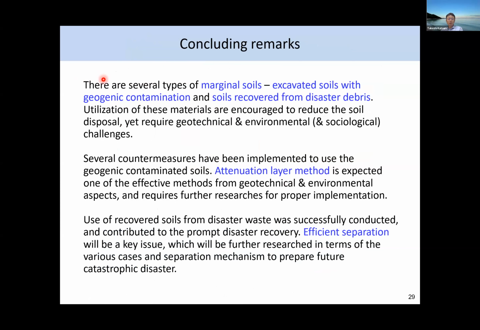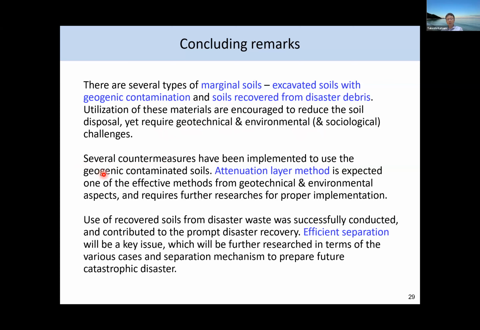In my presentation, I introduced two different types of marginal soils: geogenic naturally contaminated soils generated through excavation works in construction, and the soils recovered from disaster debris. These utilizations are encouraged to reduce the soil disposal, but require geoenvironmental, geotechnical, environmental, and sometimes sociological challenges. There are several countermeasures which have been implemented to use naturally contaminated soils.